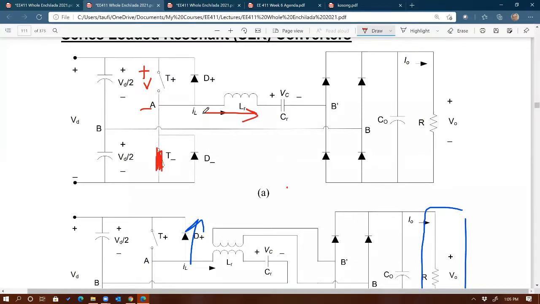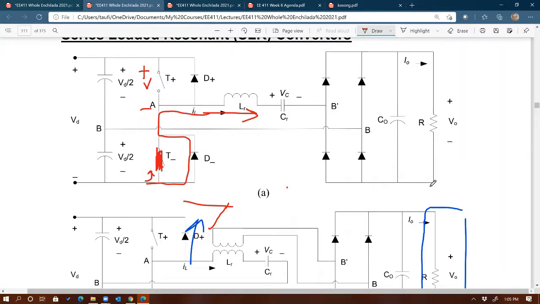And then as soon as the sine wave tries to cross over to positive, that current, away from going through the switch, will have to go through D minus to give you the positive current.